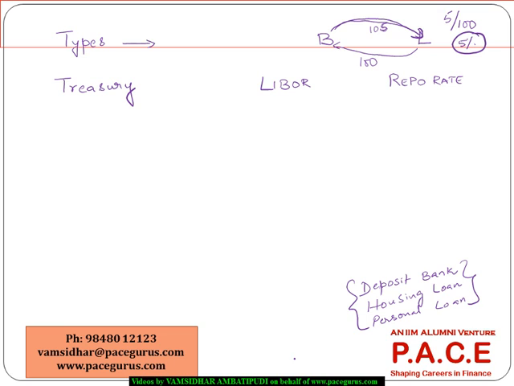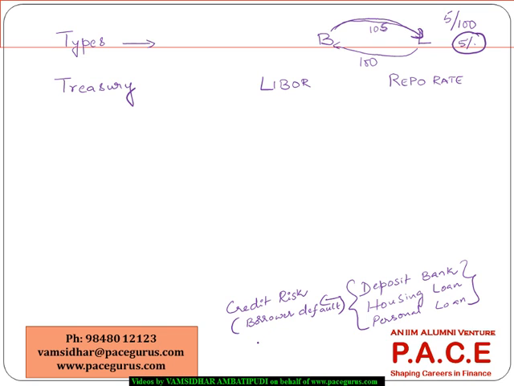But the interest rates are different in each of these cases because of the difference in the credit risk involved. When I say credit risk here, we are talking about the possibility that the borrower may default, may not pay the interest and principal on time.